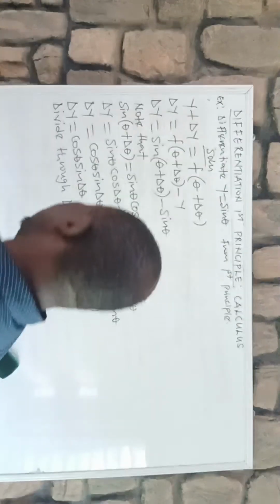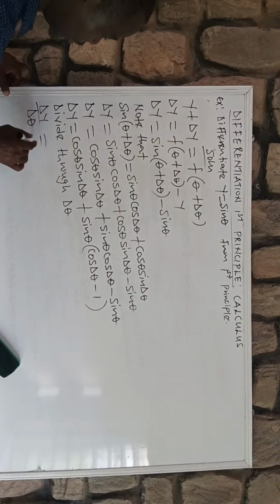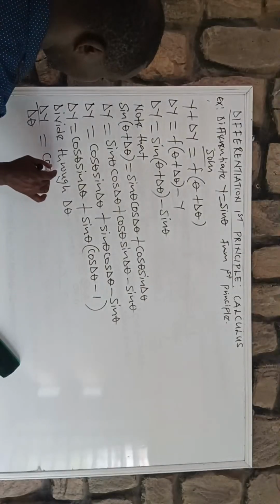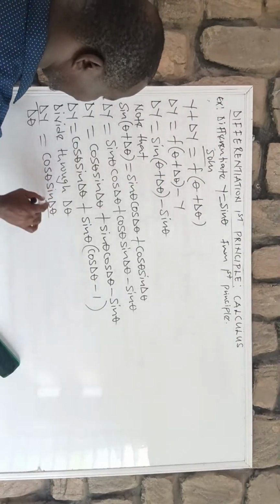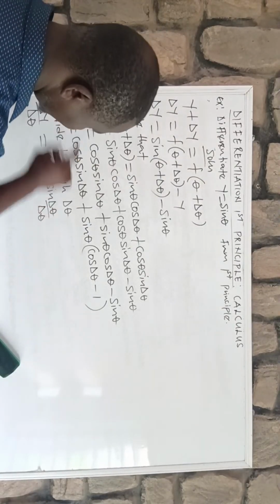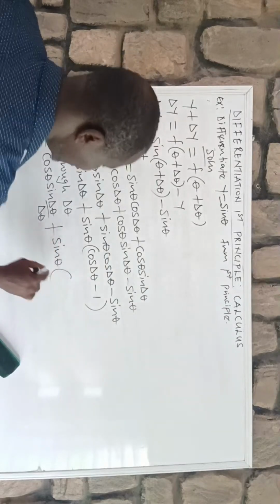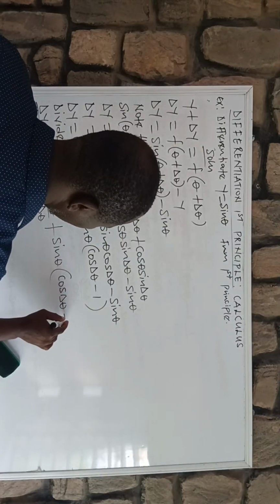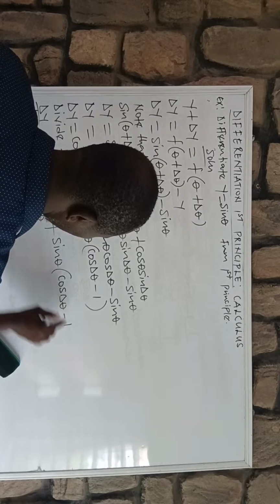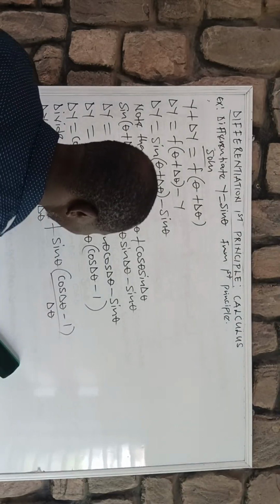So our dy all over the theta is equal to cos theta sine the theta all over the theta, then plus sine theta, open bracket, cos the theta minus 1, close bracket, all over the theta, right?